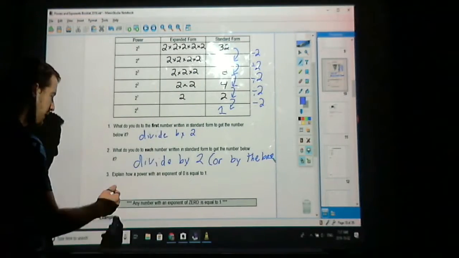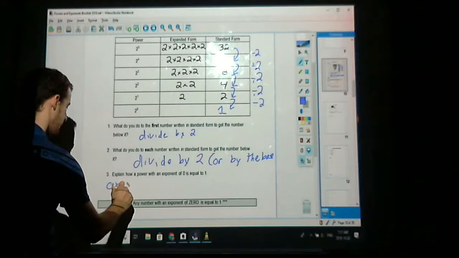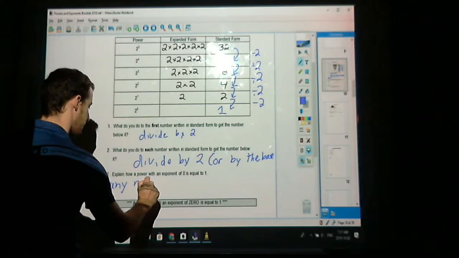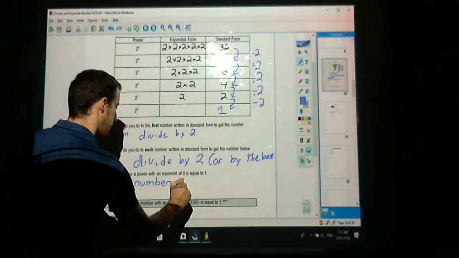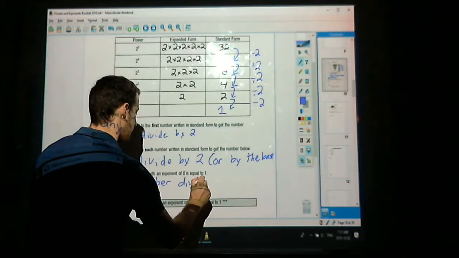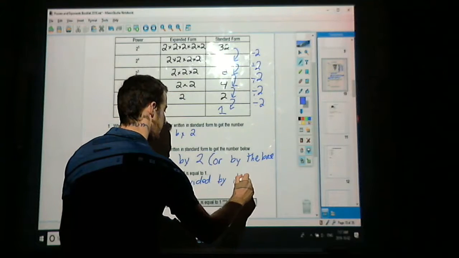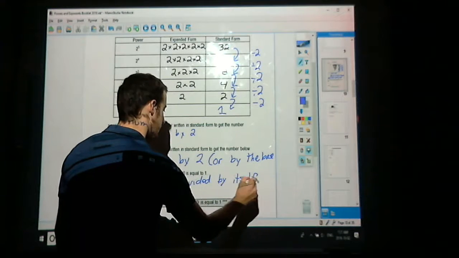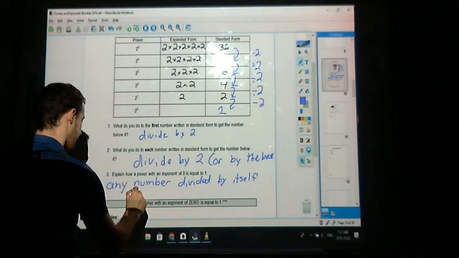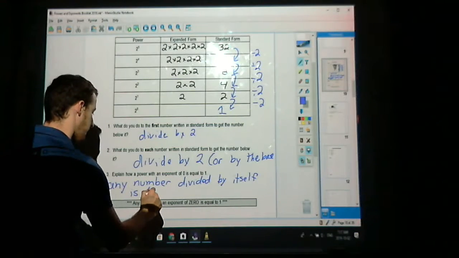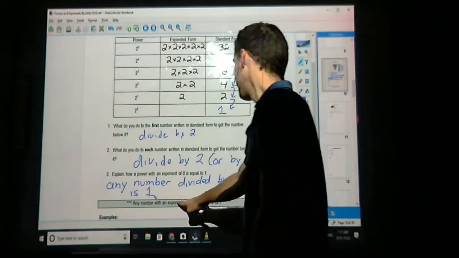Well, simply any number divided by itself is 1. Okay, so we'll even rewrite it down here.